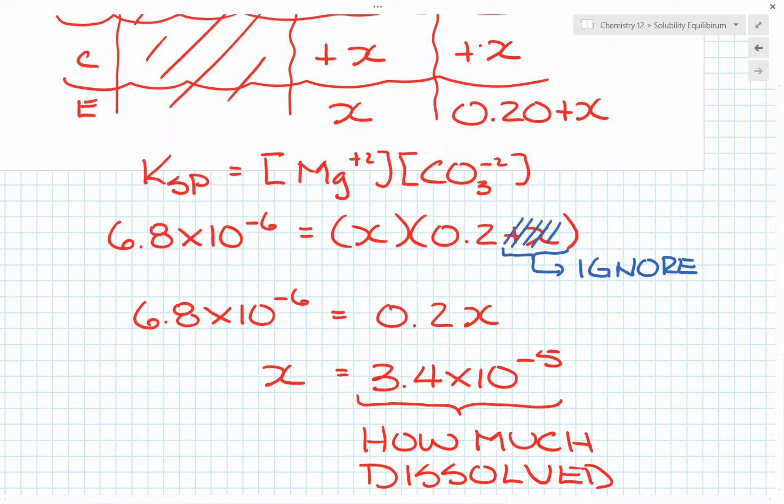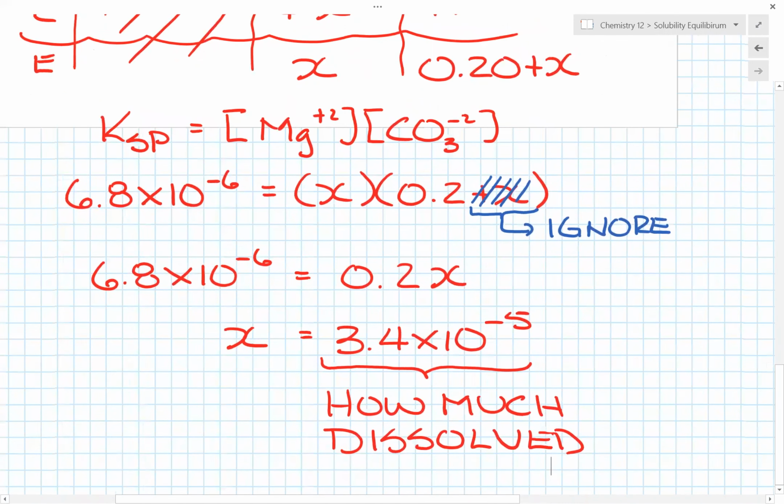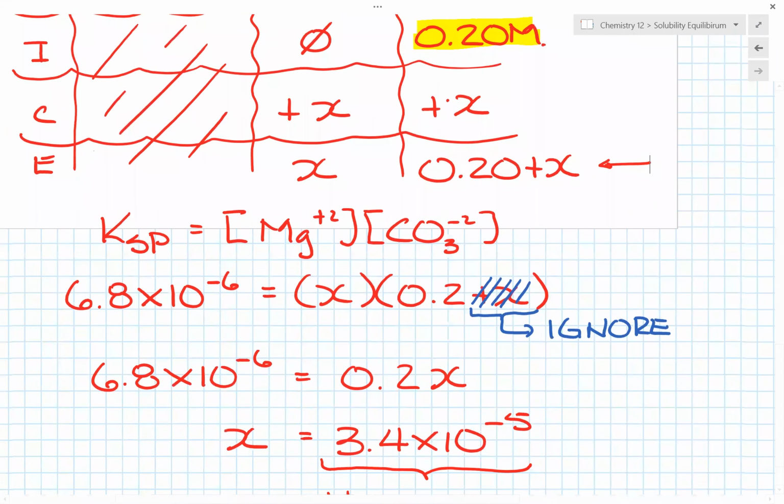Now, by calculating this x, you know why we can ignore the plus x, because the value is so small, 3.4 times 10 to the negative 5. If we went back up and looked at this equation, the 3.4 times 10 to the negative 5 would have little to no effect on the equilibrium concentration.